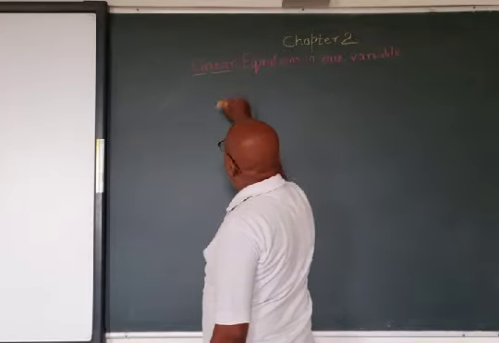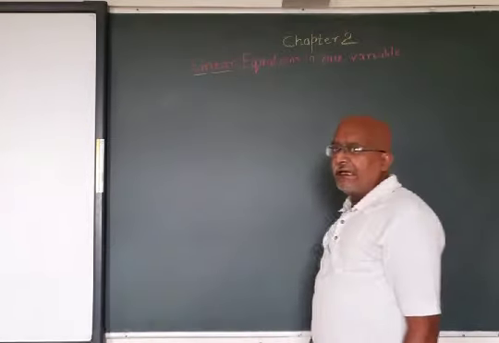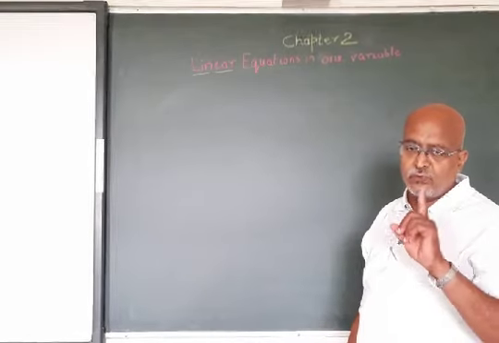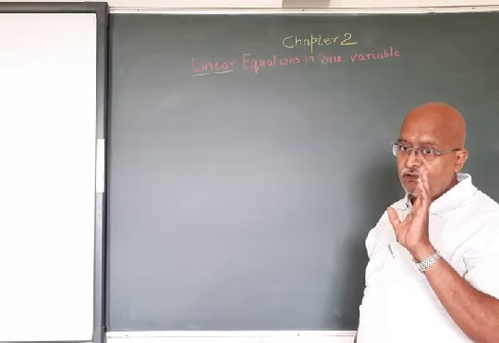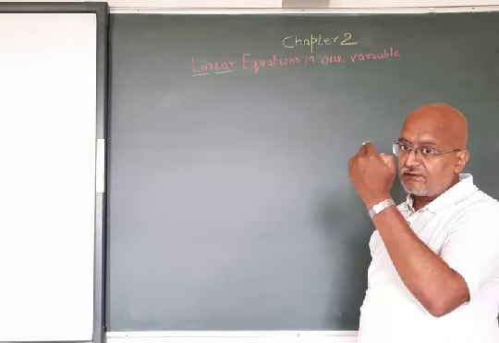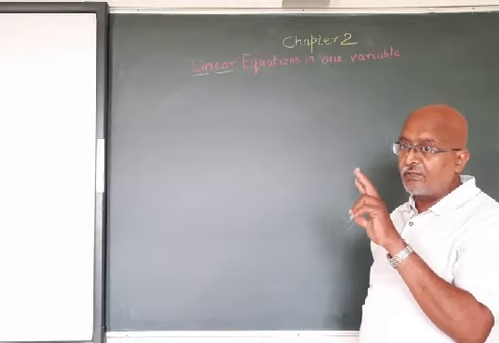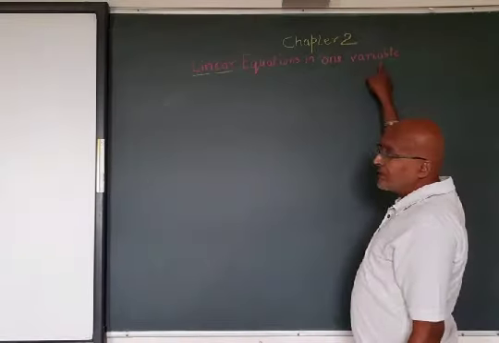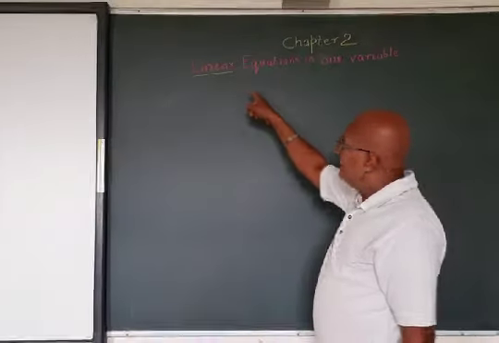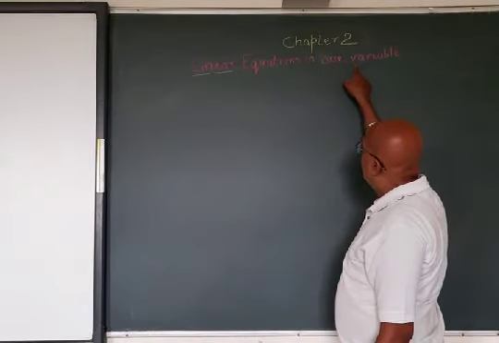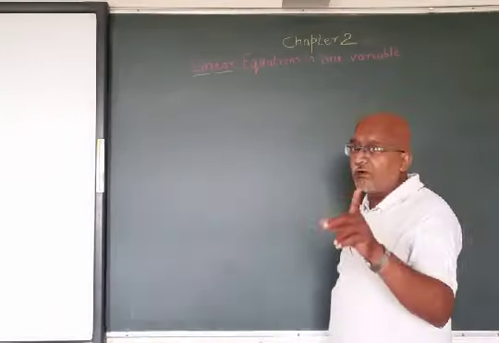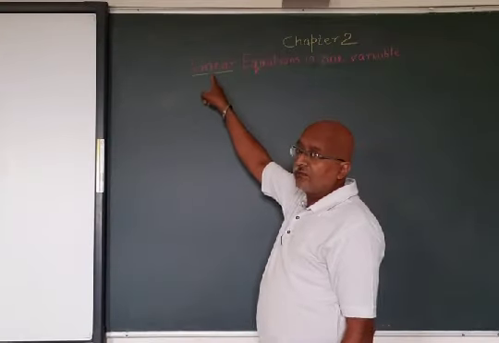The first word is linear. Linear means singular, only single. The index may be single, but yes, the variable can be more than one. But here it is clearly mentioned one variable, so the variable is also one and the index is also one.